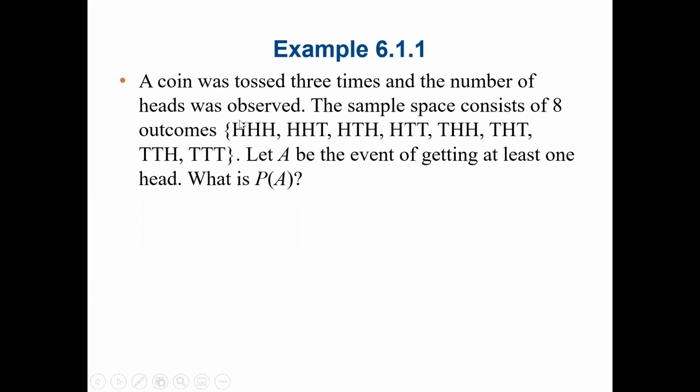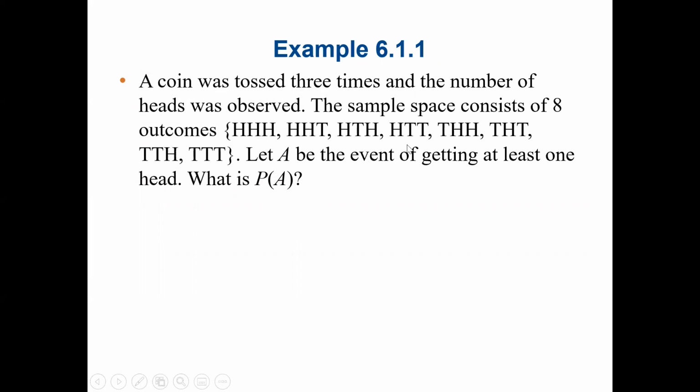The total is 8. Now, the best way to find the total sample space is this: I'm tossing a coin 3 times, and the possible outcomes for each toss are 2. So I raise the base, which is 2, to the power of how many times I'm tossing it. So 2 to the power 3 gives me 8. And again, we're going to solve more problems to get the idea.